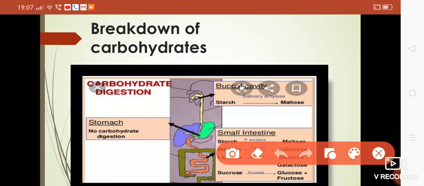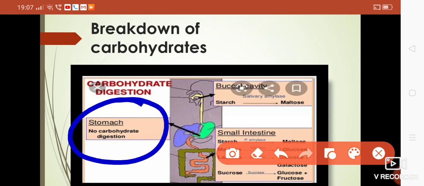During digestion, the starches and the sugars are broken down by chewing and enzymes. Now remember, in the stomach there is no digestion of carbohydrate. In the small intestine there is the digestion of carbohydrate. Carbohydrate will break down and form different sugars like glucose, fructose, etc.